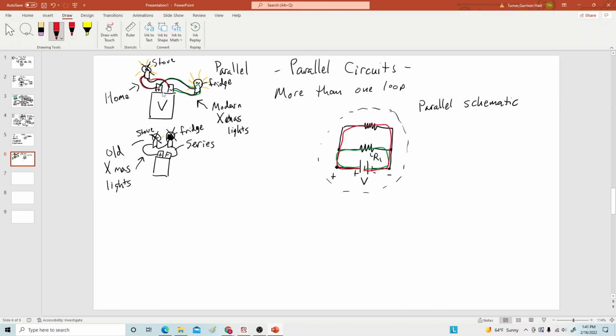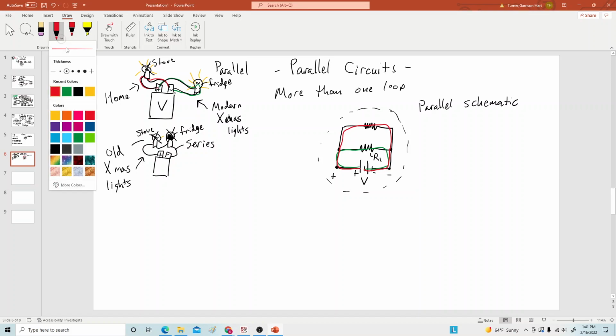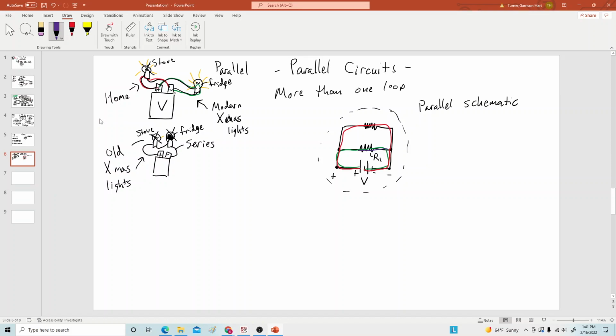Now technically, and we'll see this when we get to Kirchhoff's rules, there's a third loop, which I could analyze current flowing through just the loop that contains the resistors.